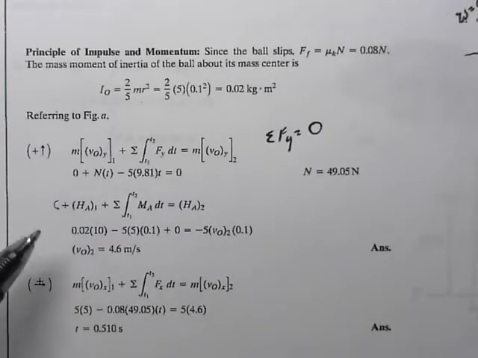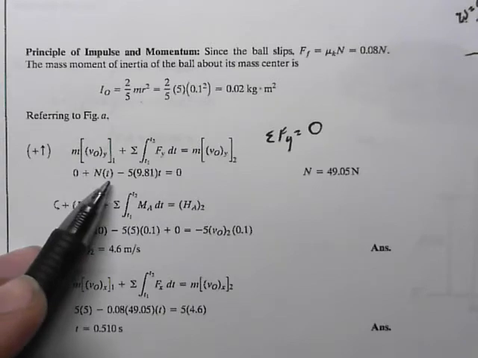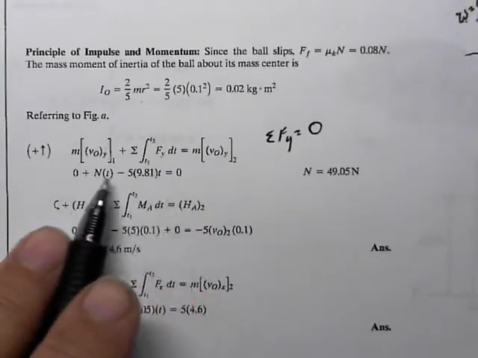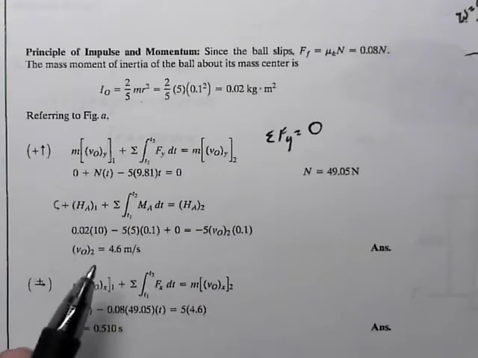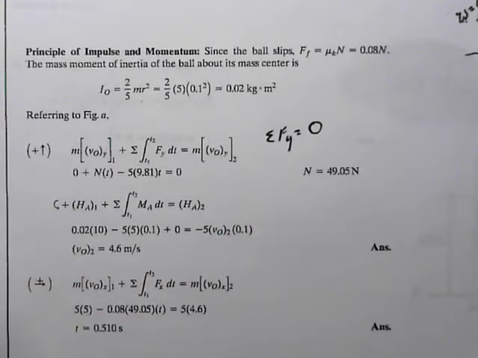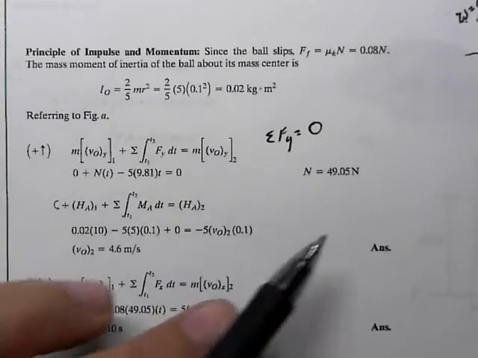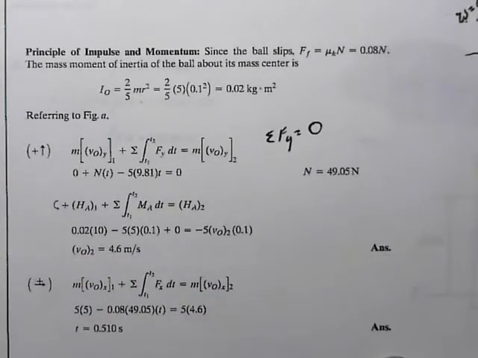The times cancel, and we come up with the normal force is equal to the gravity force, exactly what we would have gotten here. I would not recommend doing it that way. That's silly. But we get a normal force which is equal to, let's see, what did we have? We had a 5 kilogram times the 9.81 for gravity. So that's the 49.05 newtons.